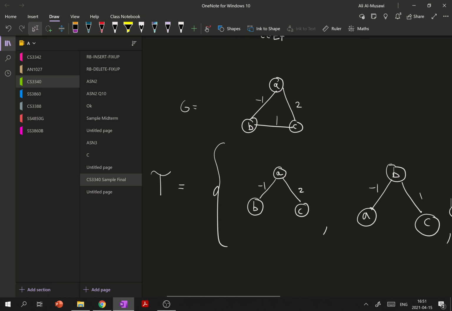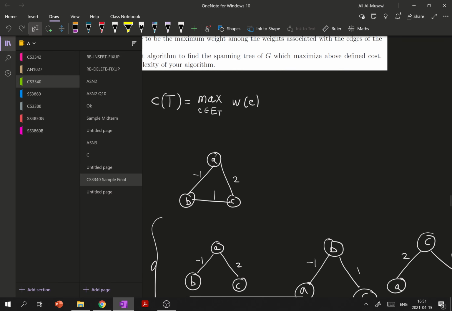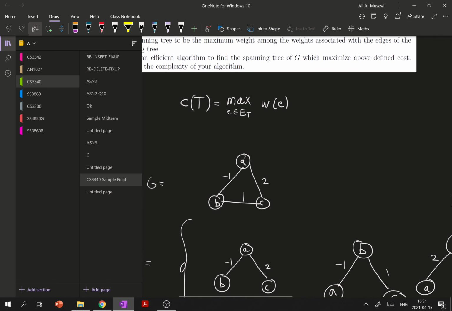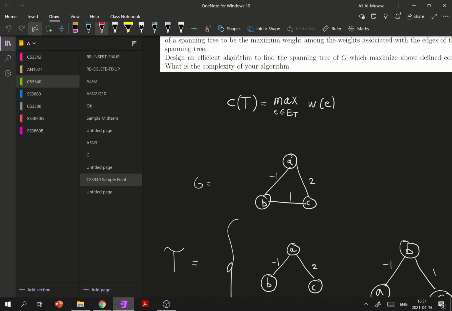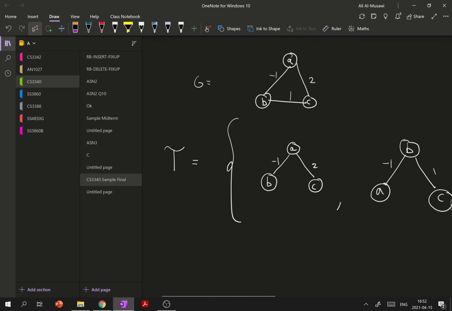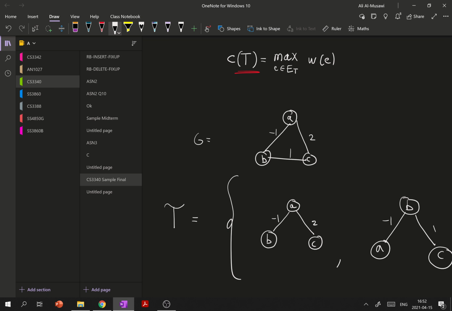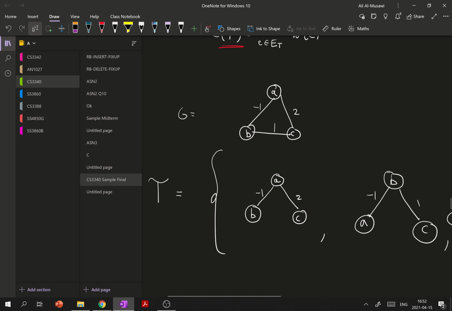So given this set of trees, what we need to do is search for the tree that maximizes this cost. Let's compute this cost for all these trees. The cost is simply the maximum edge weight.